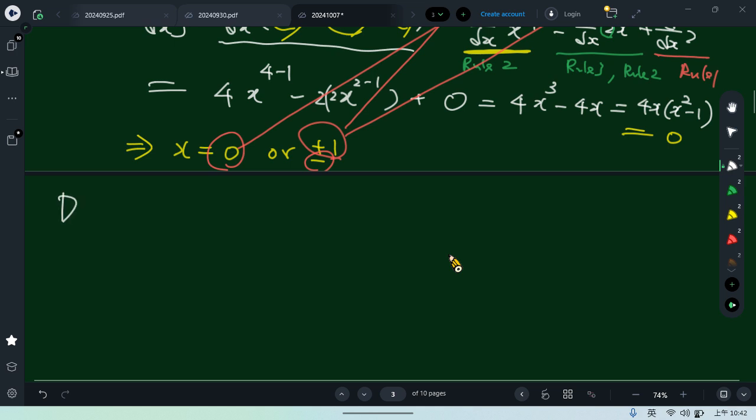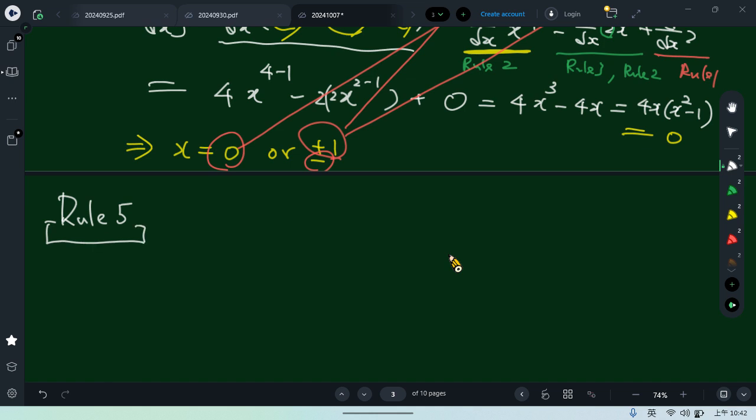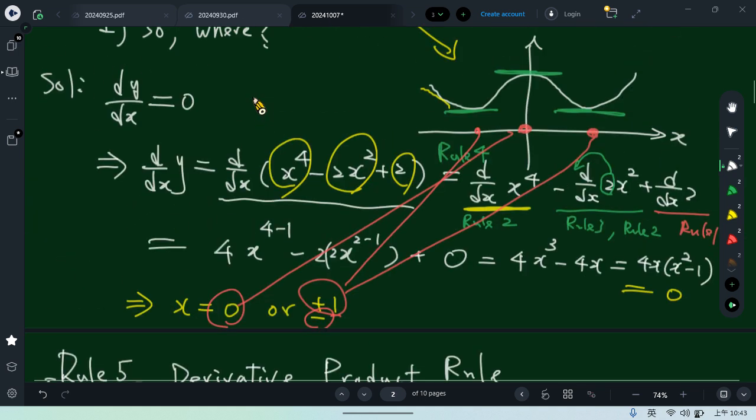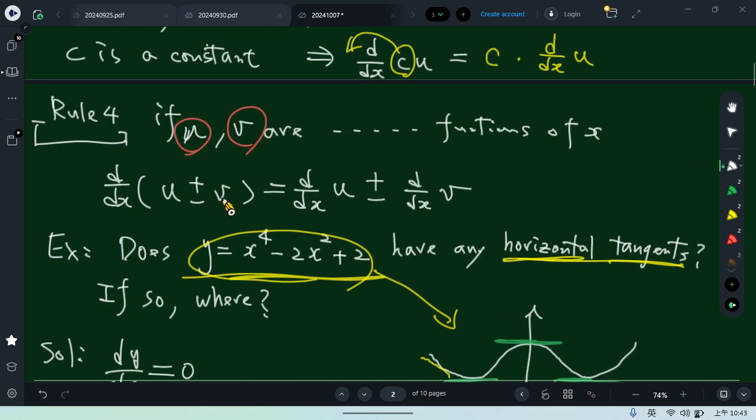Then we can continue to rule number 5, where we are talking about the derivative product rule. So here you can see the product. For rule number 4, we just talked about addition and subtraction.